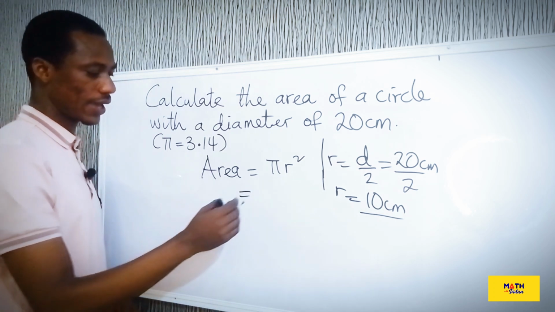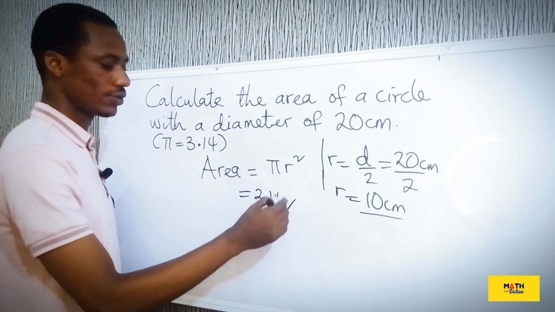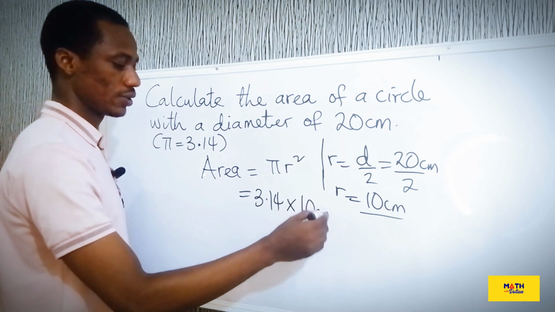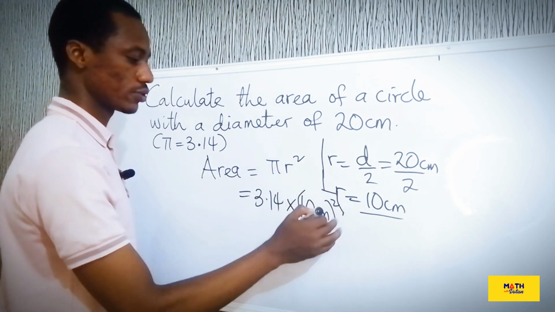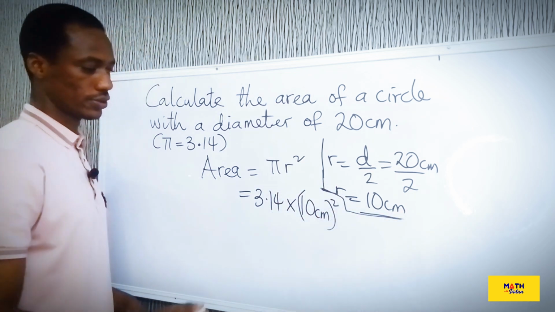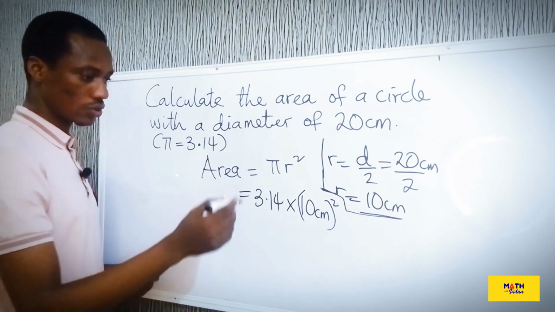We're given pi as 3.14, and then the value of our radius is 10, and then squared. So radius squared, that's 10 centimeters squared.